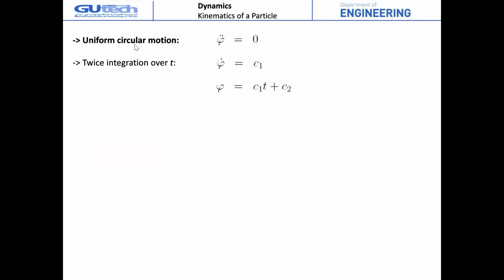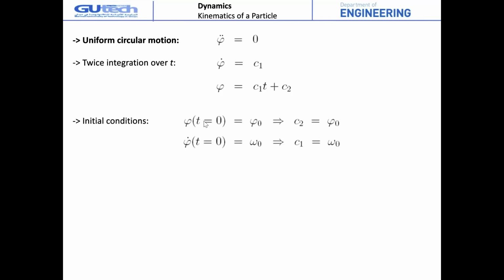Now, if we have uniform circular motion, that means the angular acceleration phi double dot is equal to 0. Then, integrating twice over time, we get phi dot equal to a constant C1, and phi equal to C1 multiplied by t plus a second constant.